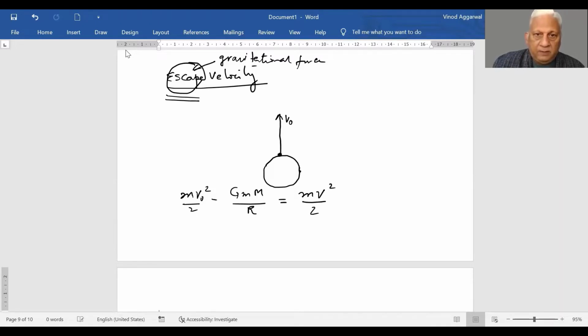Suppose it goes from here up to this point, which is, let us say, at a height h from Earth. This is the radius of Earth, minus this.